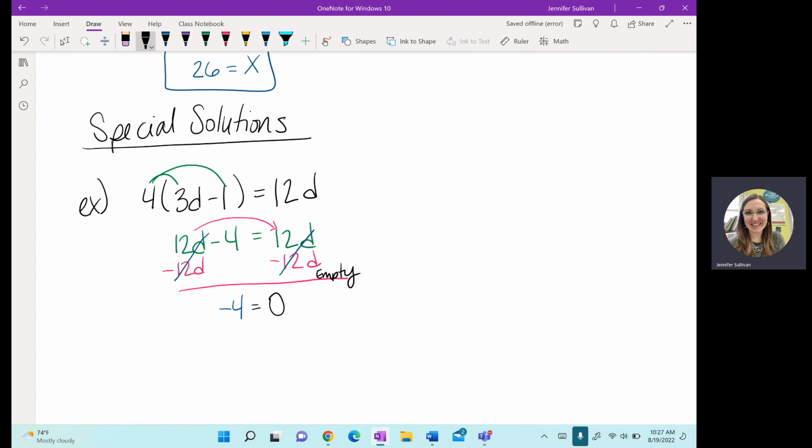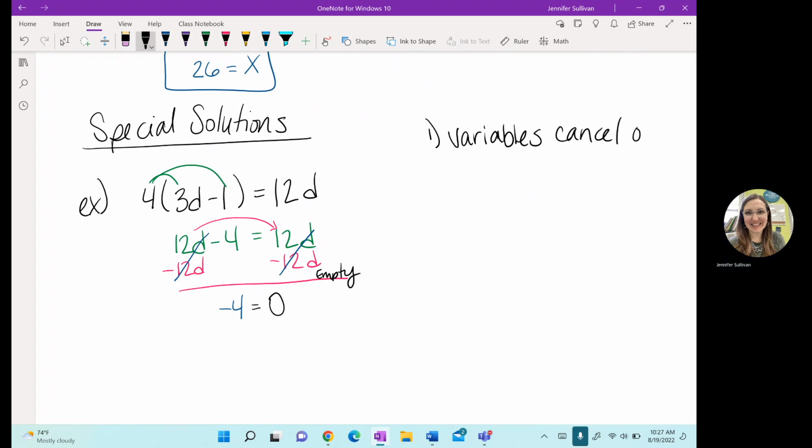So now we have to ask ourselves, what's going on? Well, my special solutions, first of all, special solutions happen when the variable cancels out. So now there is no variable left.